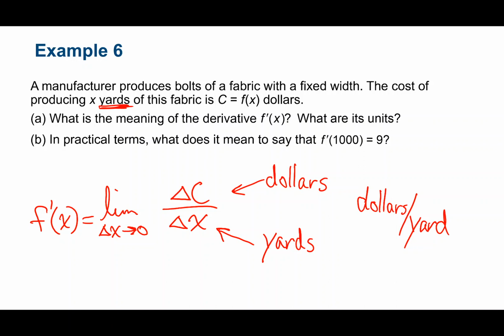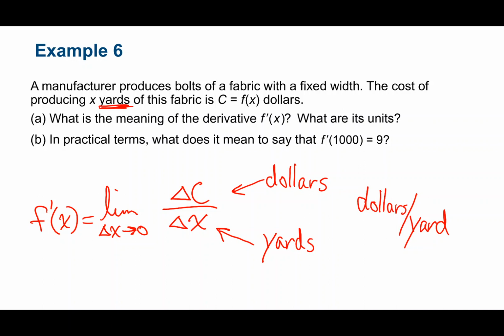is increasing by $9 per yard at the point where we're making 1,000 yards of fabric. We don't have a lot of context for that. That's our interpretation. So at the instant where we're making 1,000 yards of fabric, our cost of production is increasing by $9 per yard.